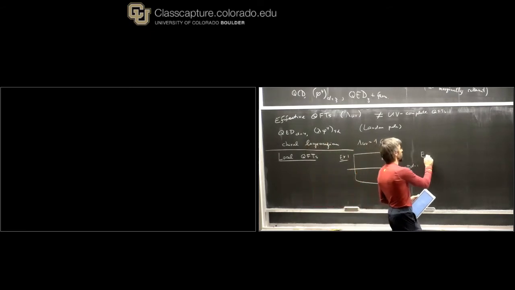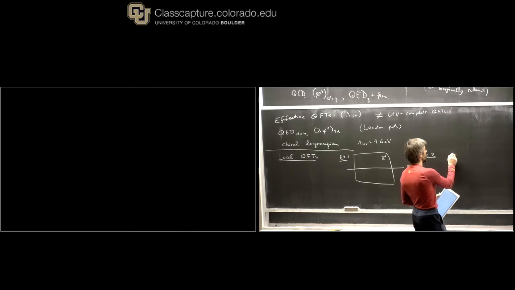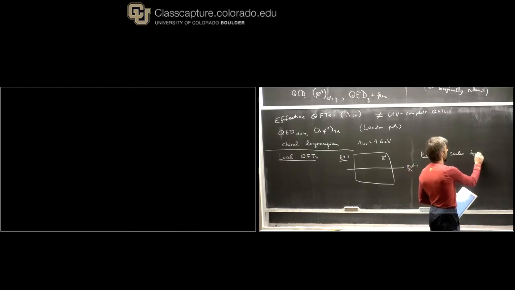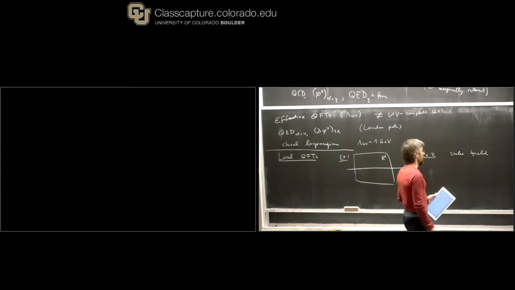So example 2 is going to be a theory. It's going to be a scalar field, and I'm going to write a quadratic action for the scalar field in momentum space.